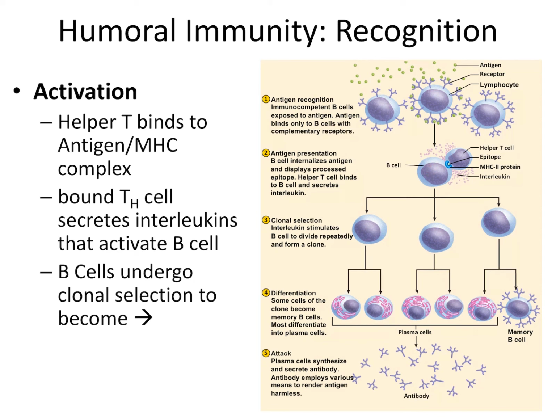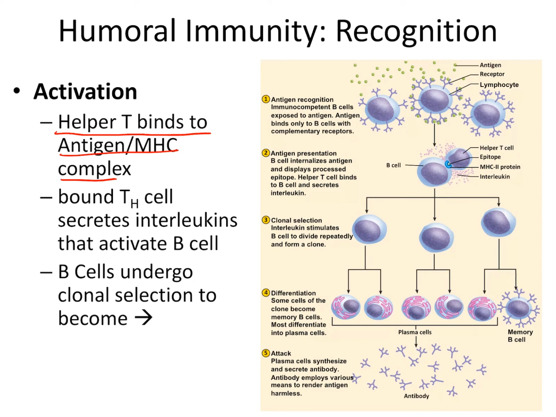Interestingly, a helper T cell must bind to that antigen MHC complex in order for that B cell to become fully activated. So when that helper T cell binds, it's going to secrete interleukins, and those interleukins are ultimately going to act on the B cell and trigger its full activation.